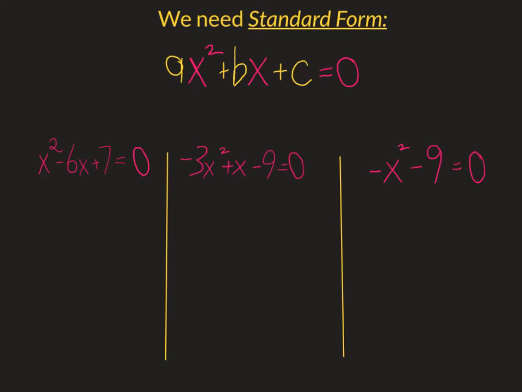In order to pull out that A, B, C, we need to have our quadratic in standard form, okay? Standard form, what that means is it needs to be like this, okay? So number one, notice, it's got to be solved for 0.